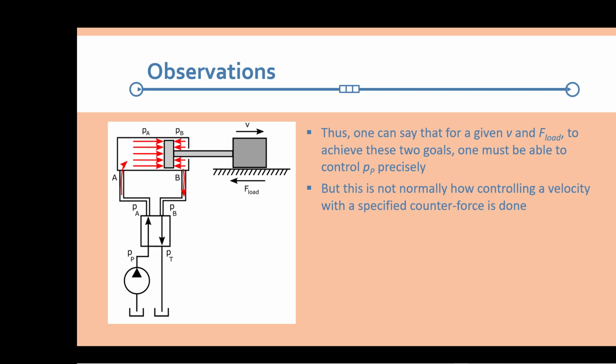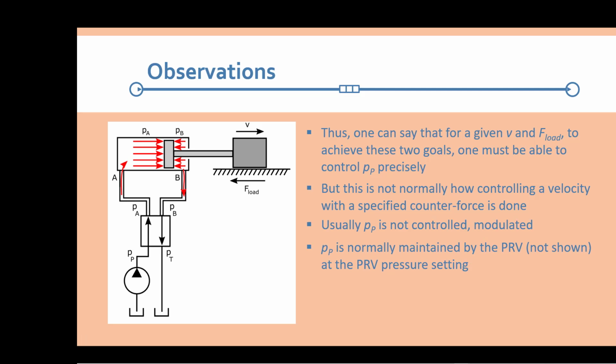If you're moving a steady load at a specified velocity through an open DCV, the way to do that, if you want to control it, is to control PP. But it's not normally how it's done. Usually PP is not controlled, it's not modulated.